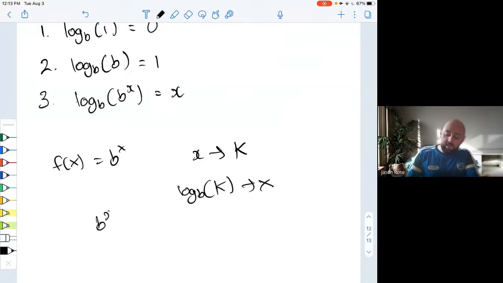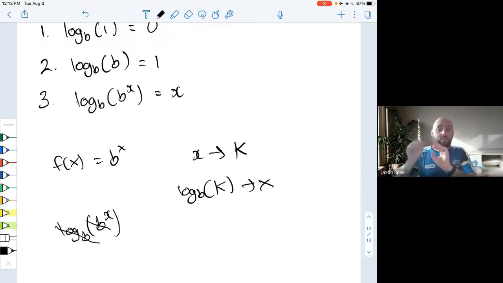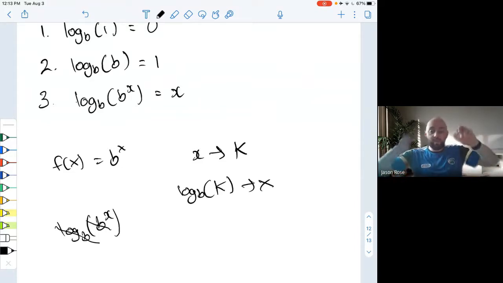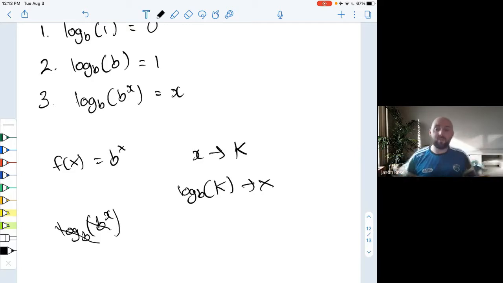So if you have b to the x and then you take log to the base b of it, you can think of the log to the base b and the base here itself sort of cancelling one another, and everything just gets back to where it started. You started with x, and then you got whatever b to the power of x would be. But whatever that b to the power of x is, I'm just calling it K for something different. That log to the base b of K is going to go back to x again. So log to the base b undoes what the base of b did because they're inverse functions.